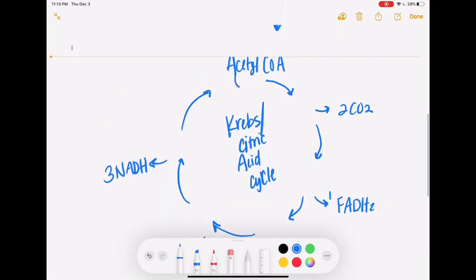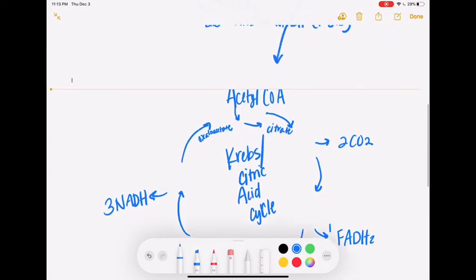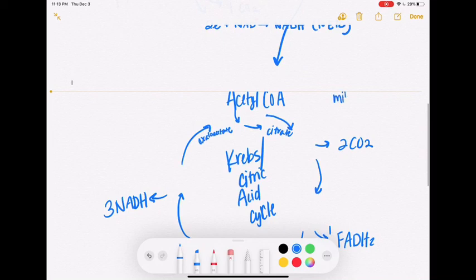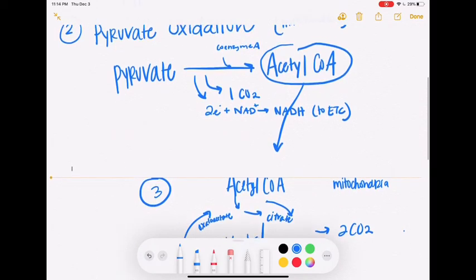This acetyl-CoA comes in, binds with oxaloacetate to form citrate. Okay? And again, this is happening also in the mitochondria. And this is step 3. Okay? That acetyl-CoA that was made from the pyruvate oxidation.